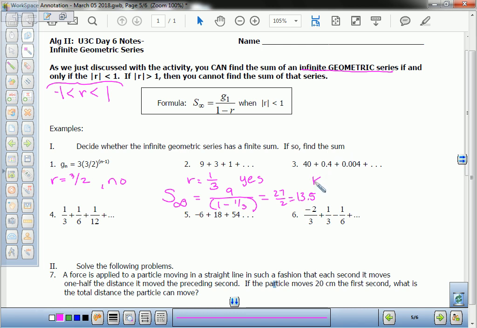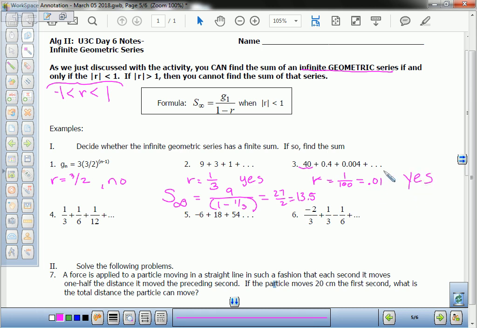What is the common ratio? 1/100th, right? Or 0.01. Because we got to move that decimal twice, right? So that's the ratio. Oh, it's 40 over 0.99. Whoa. So can we find the sum? Yes.